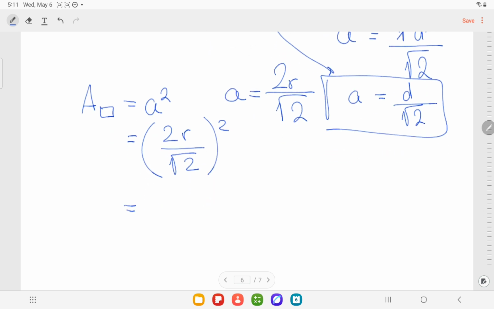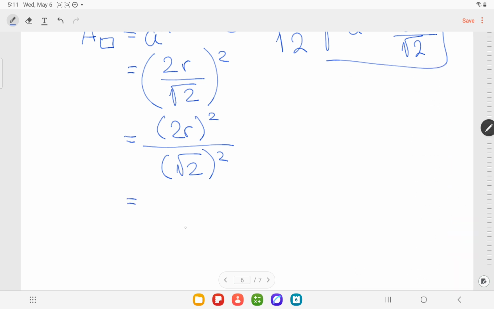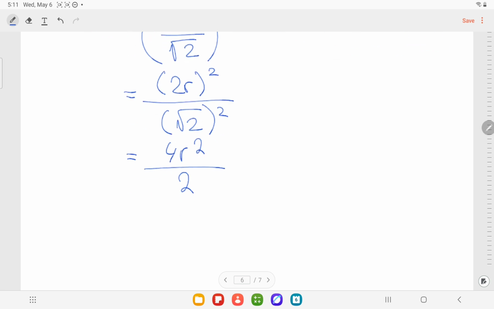So when we're squaring a fraction, we want to square both the numerator and the denominator. So in the numerator, we'll end up with 4r squared, and in the denominator, we'll end up with 2. And this can be further simplified to 2r squared.